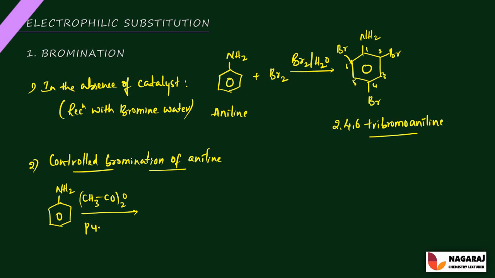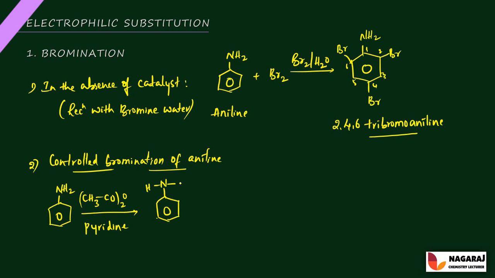The reaction takes place in the presence of a stronger base than aniline, that is pyridine. It gives the product C6H5N, where one hydrogen atom is eliminated along with the acetate ion.